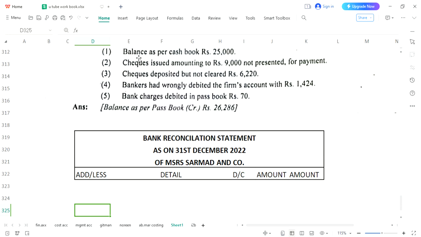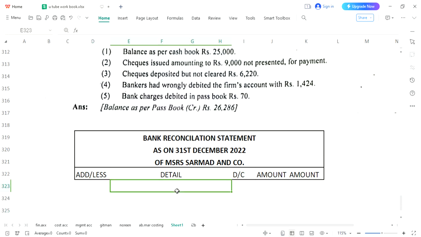We have the first entry, balance as per cash book. In rules, it has been written that balance as per cash book should be written on the debit side. So first thing first, you will here mention balance as per cash book.